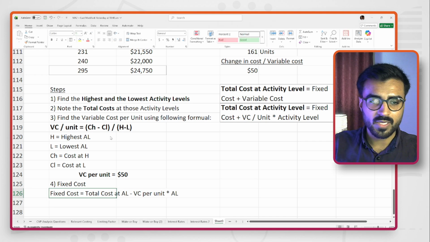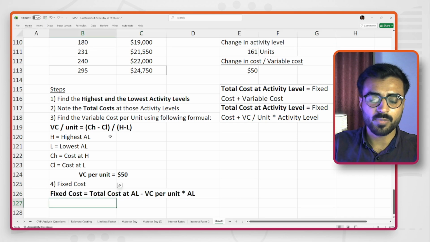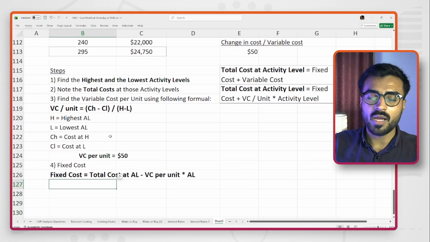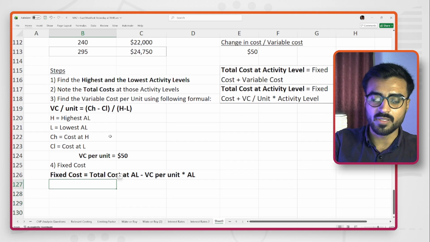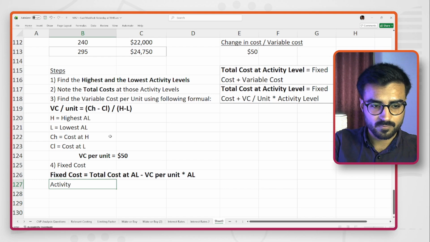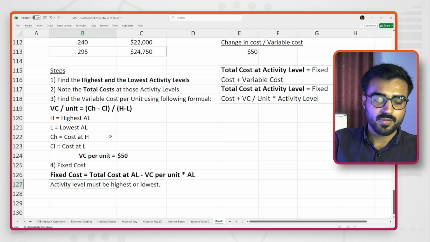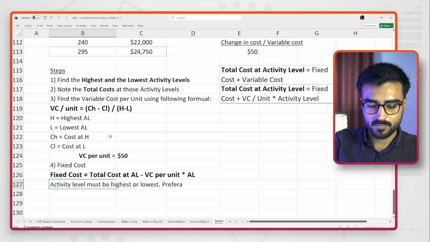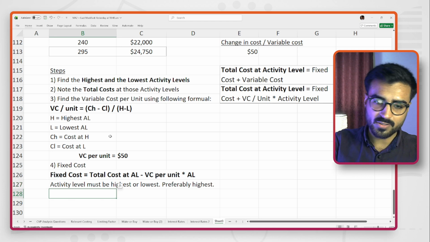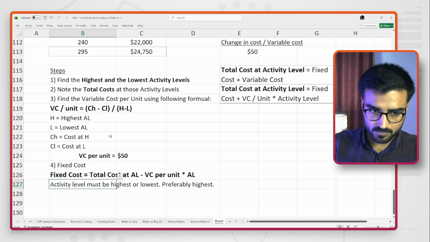So this is the formula for the fixed cost. Now what activity level should we use? The activity level must be highest or lowest. Preferably highest, but you can use the lowest activity level also.